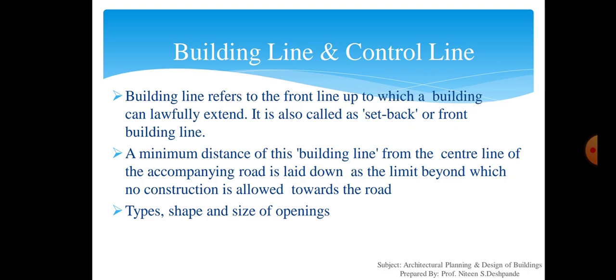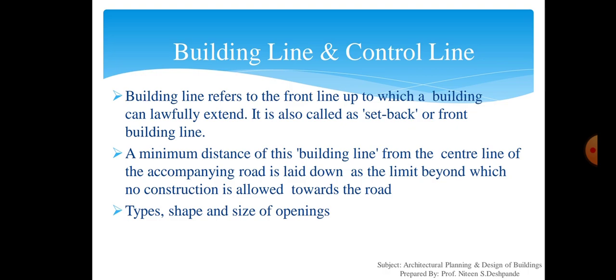The building line is the line up to which the plinth of a building adjoining from the center of the street or an extension of a street in future may lawfully extend. So it is called a setback or front building line. Please note that this line starts from the plinth of a building and adjoins from the center of the street or the extension of the street in the future.